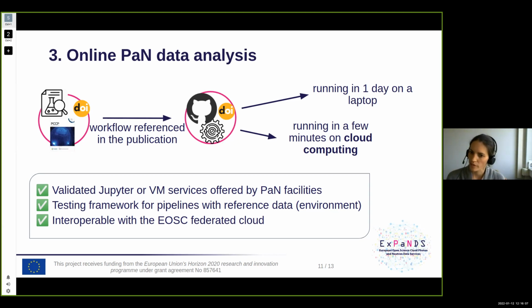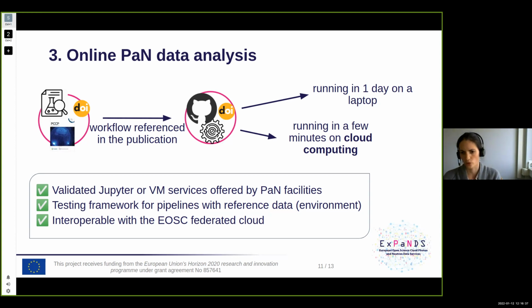So here we have the advantage of being able to offer cloud computing for this. What we do in the project is that we take the services, the Jupyter notebooks or the virtual machine services that are offered by our facilities, and we make them available in the cloud, along with a testing framework to verify that the pipelines are working in the right environment, that with the reference data, it gives the right results.